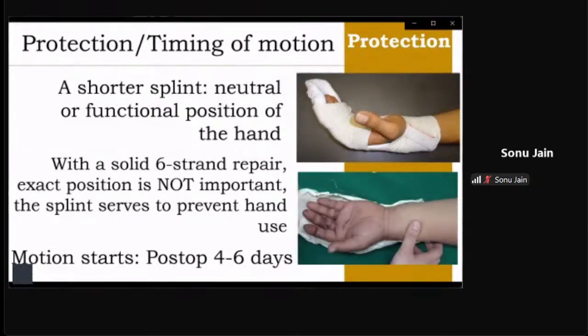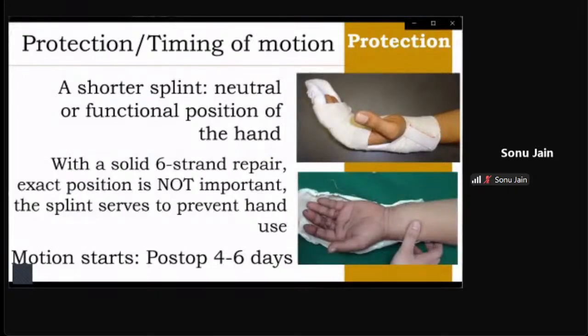For the exercise, I always ask the patient to take the splint out and do out-of-splint motion. So specific joint position or angle is not important in this kind of splinting. It makes the splinting much easier and the patient more comfortable. Motion starts at 4 to 6 days after surgery.